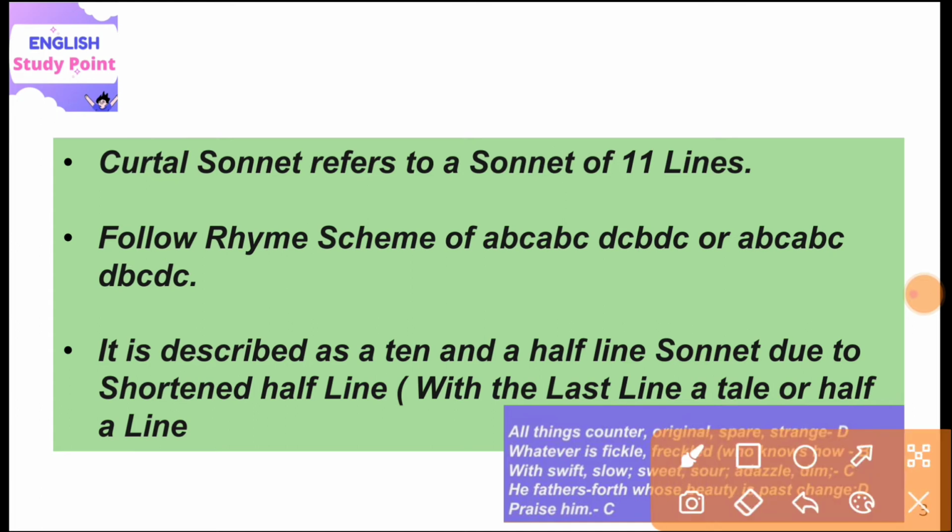So you can see here that these are the 7th, 8th, 9th, 10th, and the last one is the 11th line, which is very short. So a very short line at the end of this particular stanza is what can be described as a curtal sonnet, and these sonnets contain 10.5 lines because the ending line of this sonnet has a very short line at the end.